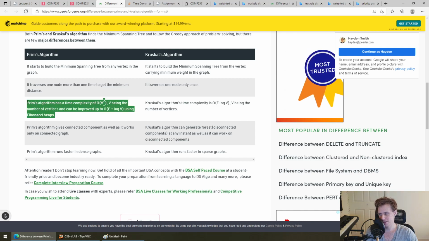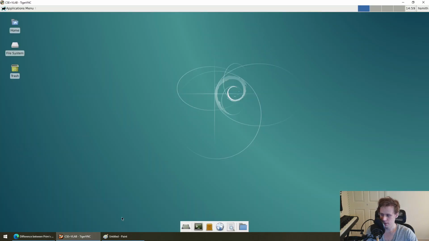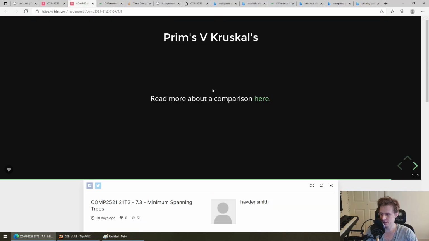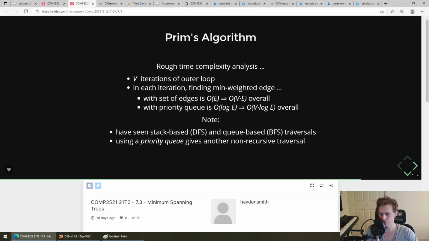look at this. This is quite funny, right? Prim's has an algorithm complexity of O(V squared). We've said this here is O(V times E), and clearly what they're saying here is that they're generalizing E as being V, which isn't the worst idea in the world because it depends a bit on the implementation.